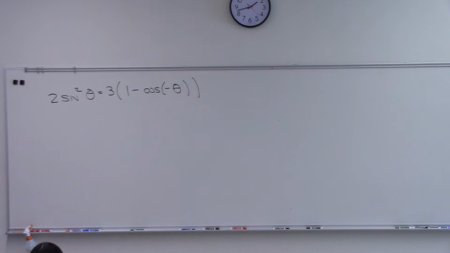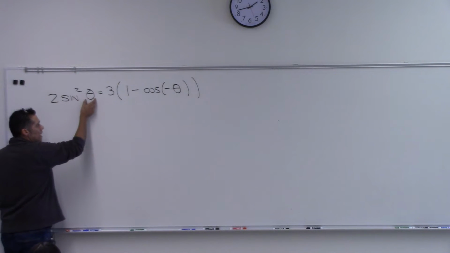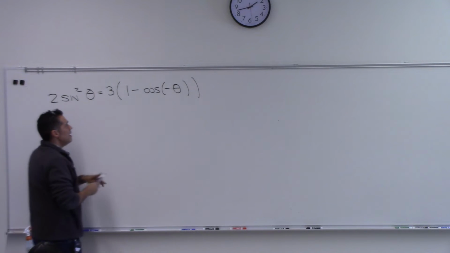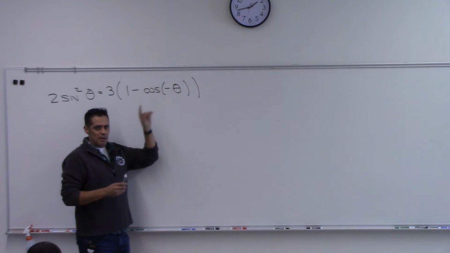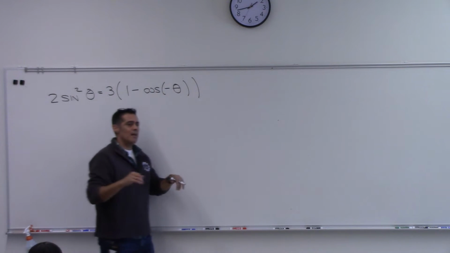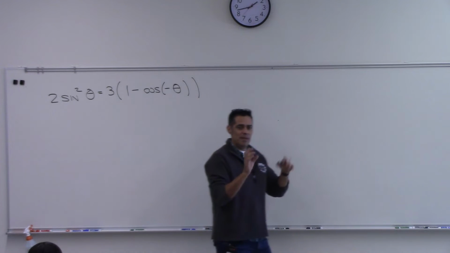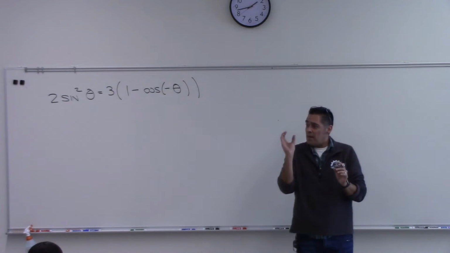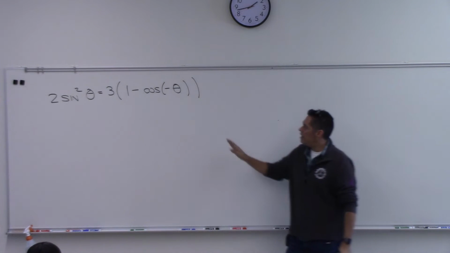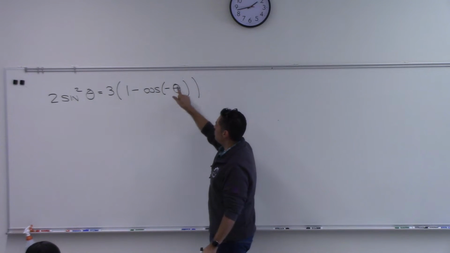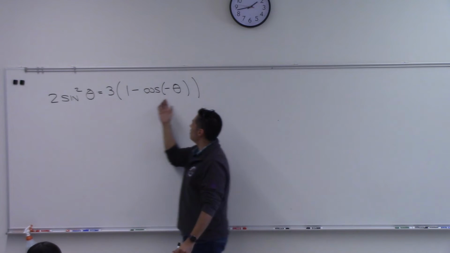The first thing I want to point out is that this right here is sine squared theta, but over here we have cosine of negative theta. If I'm going to do this solving, I would like everything to be either theta or negative theta. I don't want theta in one and negative theta in the other. So is there anything I can do to turn this one into theta, not negative theta?